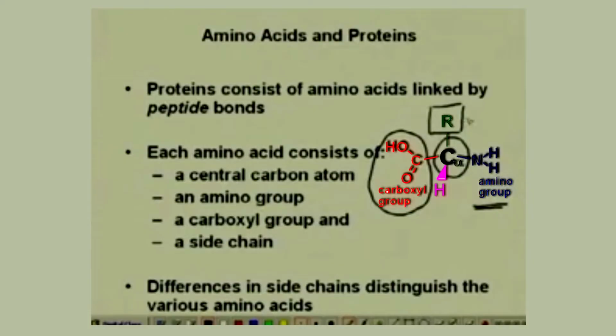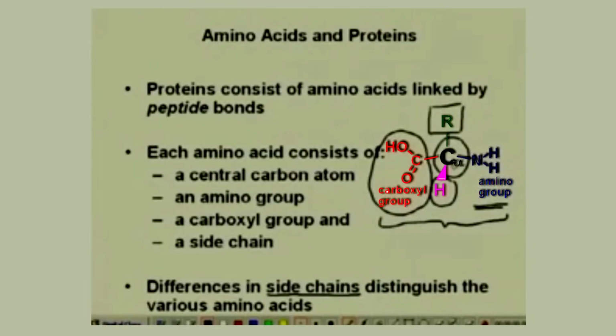Now, this R group is the side chain of the amino acid, and we also have the hydrogen atom here. What is common to all amino acids is this part. Because it has an amino group, it has an acid group. This is why it is called an amino acid. It also has an H, a hydrogen attached to it.